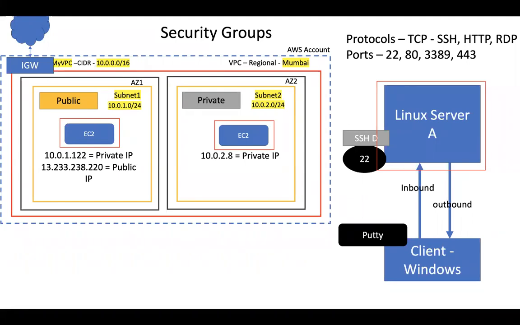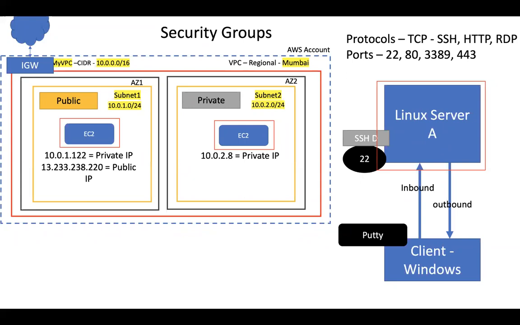And security groups have three major things: inbound, outbound, ports, protocols, and source, where they originate from.